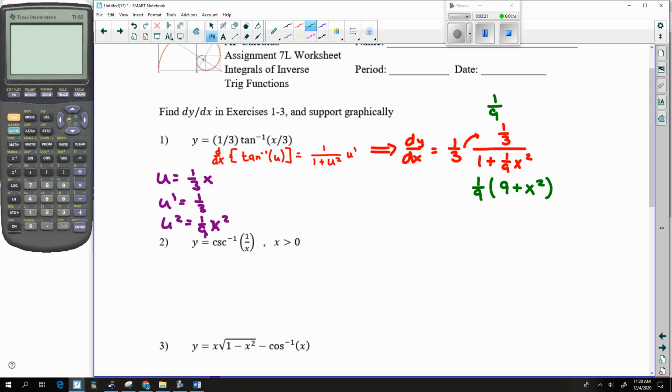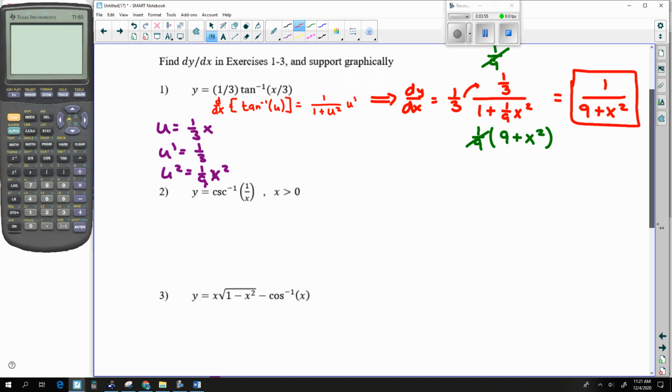Notice how the 1/9 simplifies with the denominator. So this ultimately will be 1 over 9 plus x squared. I don't know if I have that represented on the answer key or not. Yeah, I do, so better than I thought. That's how that works out.